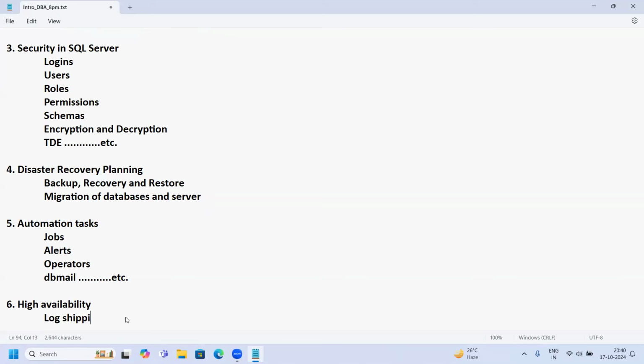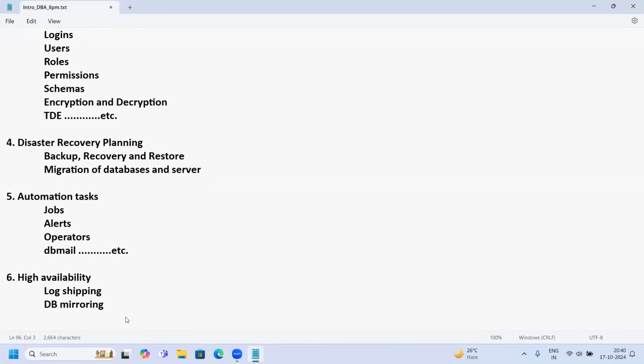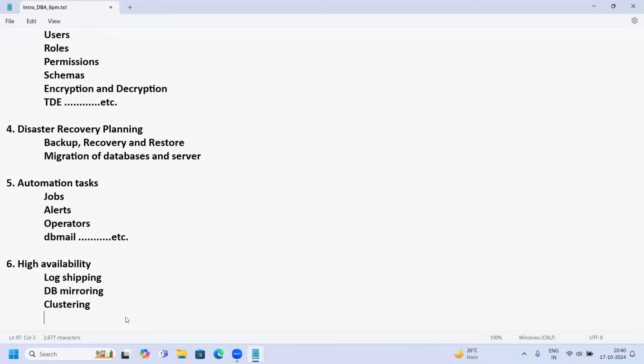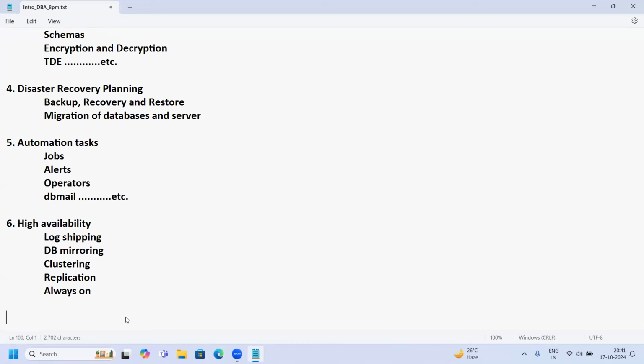Log shipping, then DB mirroring, clustering, replication, Always On. Yes, all these are high availability features. Database should always be available for you.